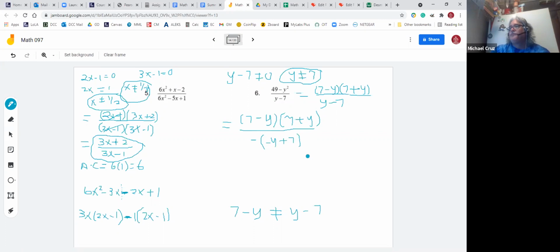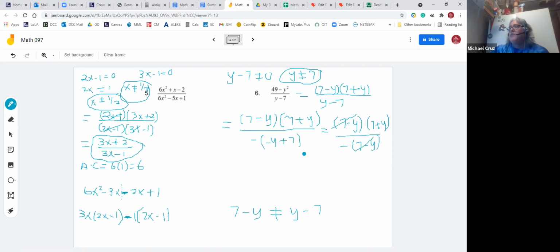Which, if I turn it around, that's -7 minus y. All I'm doing now is just flipping those things, see? Turning them around there. Now, those two things are exactly alike.